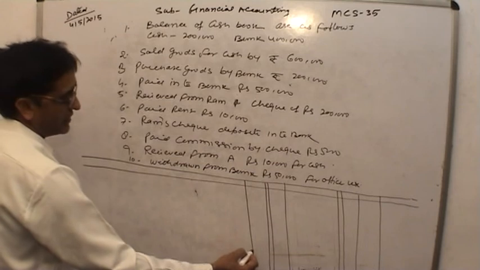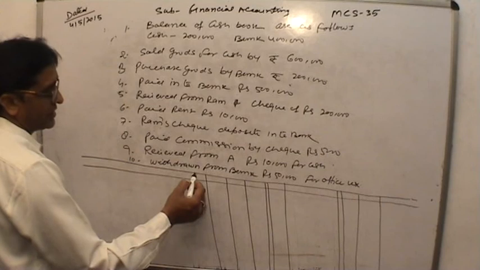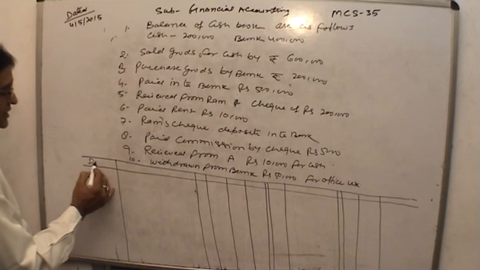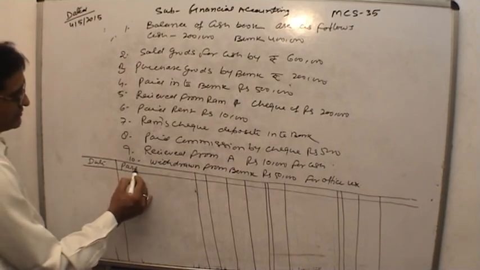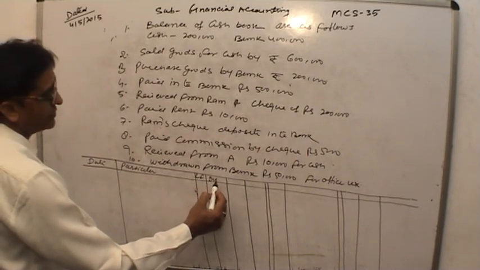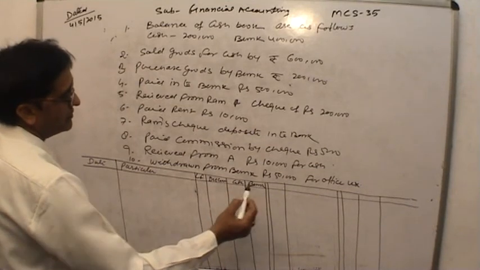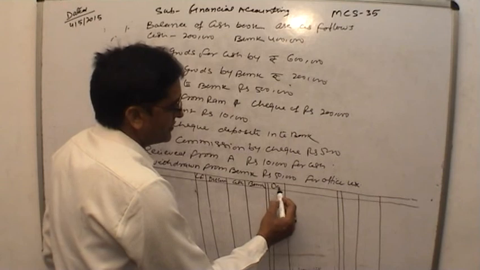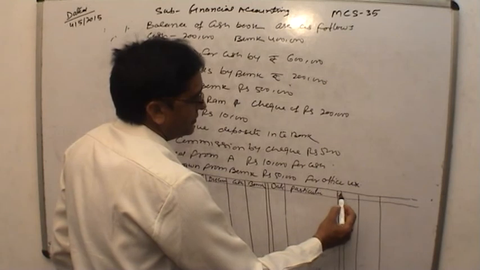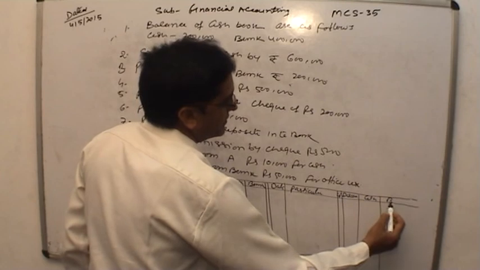The same on the other side: bank, then cash, then discount, then ledger folio, then particulars, and date.